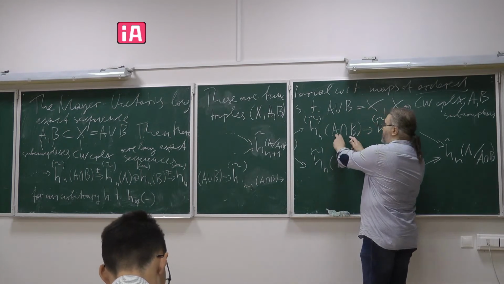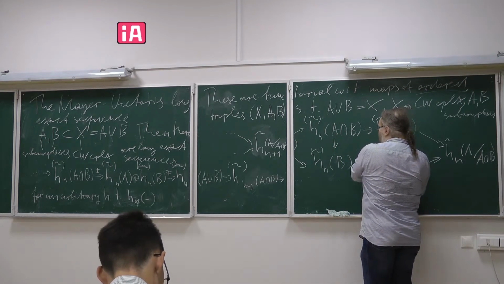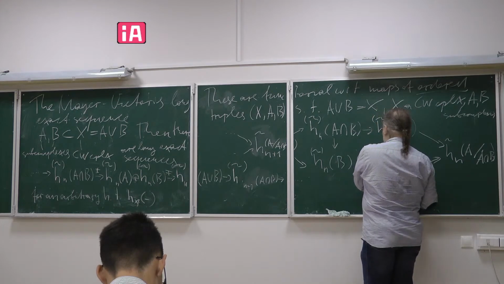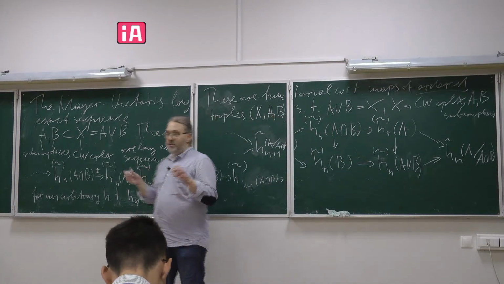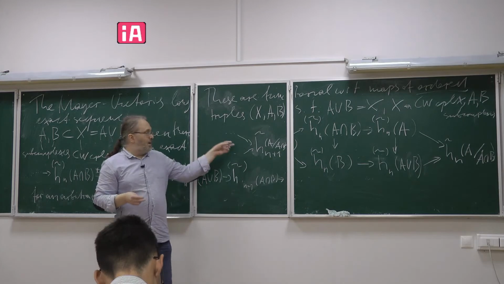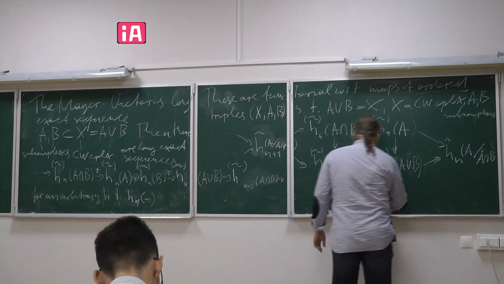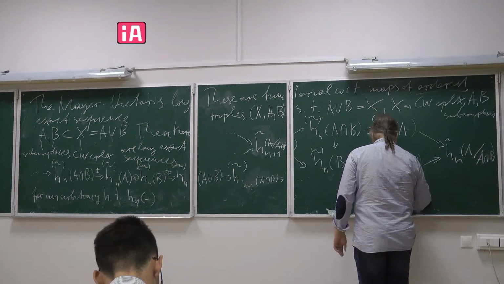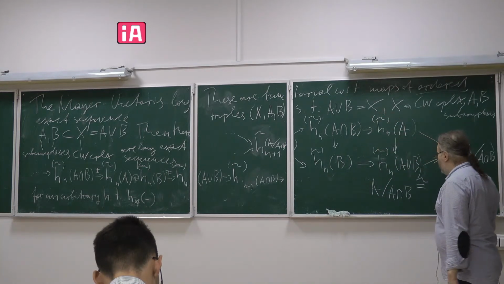The first one is A intersected B, comma A, or rather the other way around, A comma A intersected B, and this is one couple, and the other one is A union B, comma B. So there are two couples, and well, we have A by A union B is the same space.